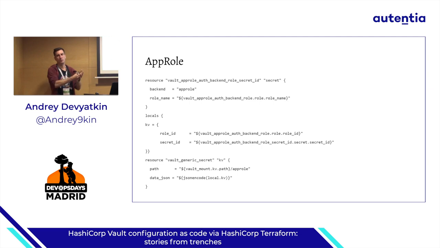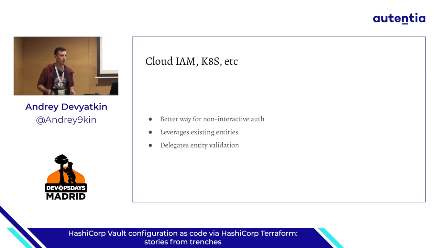I just change it in one place, and I have those computable references to them, and I don't need to go through all the files and change it everywhere. And then you create a KV, which is basically a map declaration here, which will contain your role ID and secret ID, and we store that to the actual KV in Vault, so you can go and get it using Vault UI or CLI.